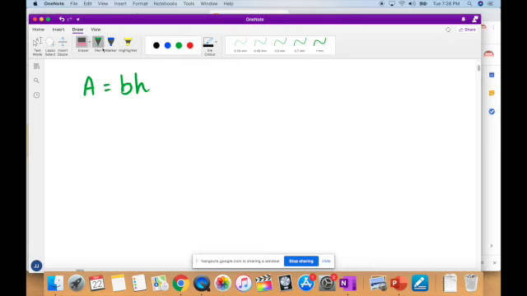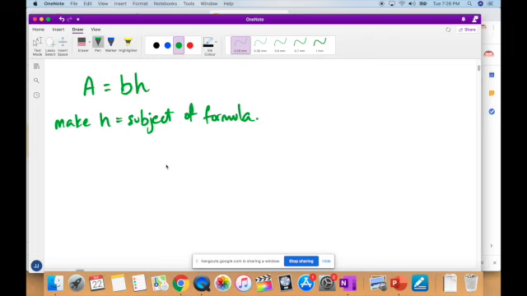So you have to make the height the subject of the formula. What you gonna do?